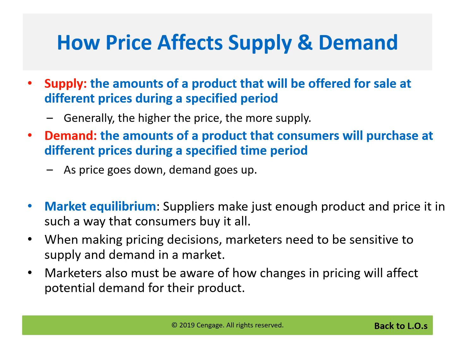Market equilibrium: suppliers make just enough product and price it in such a way that consumers buy it all. When making pricing decisions, marketers need to be sensitive to supply and demand in a market. Marketers also must be aware of how changes in pricing will affect potential demand for their product.